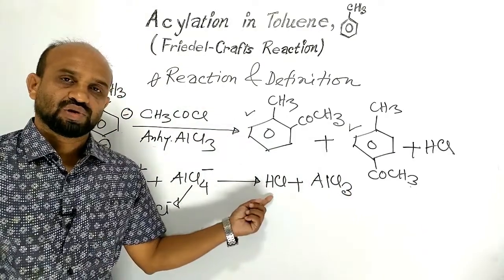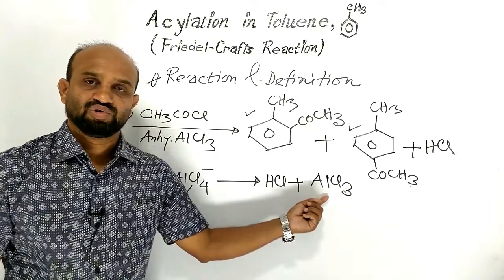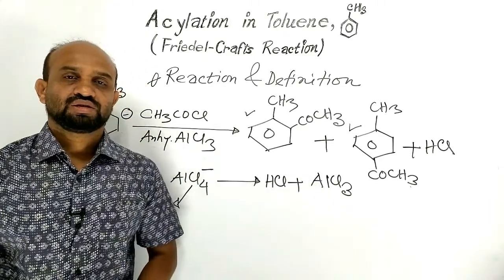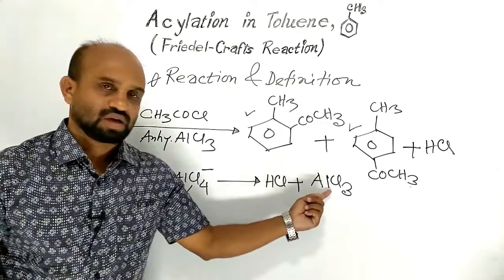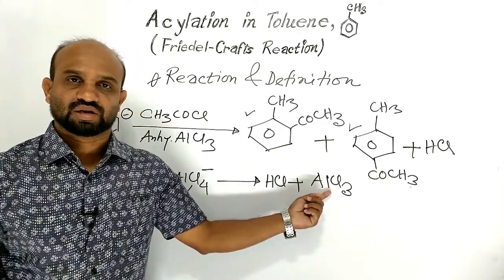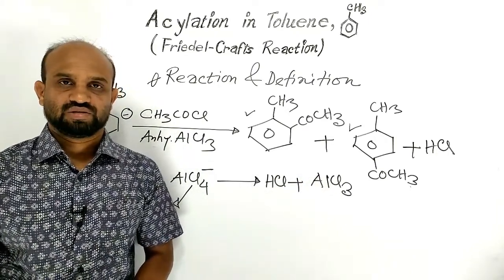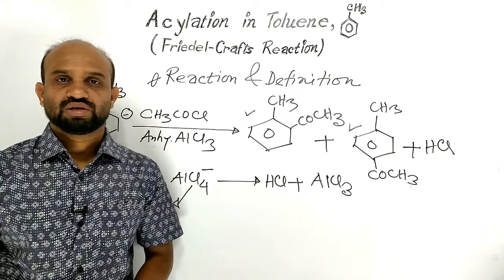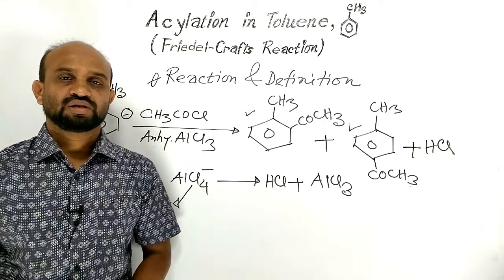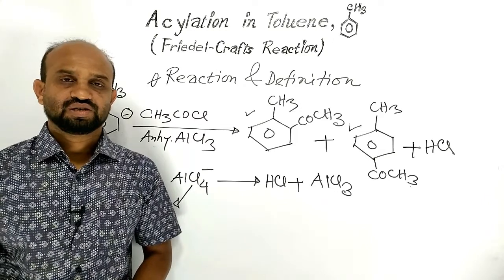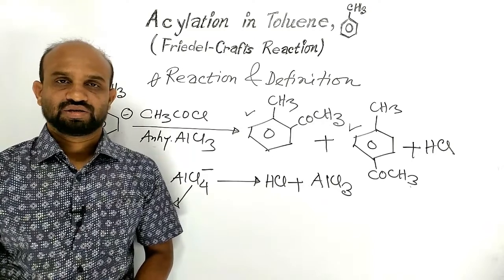We got the byproduct HCl and again we got aluminum chloride, which is unchanged. So in this reaction aluminum chloride acts as a catalyst that remains unchanged after the chemical reaction. It produces the acetyl cation, and after the reaction it remains unchanged. So this is the catalyst in the reaction.